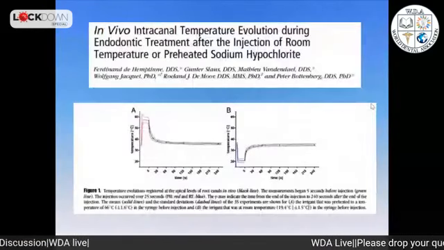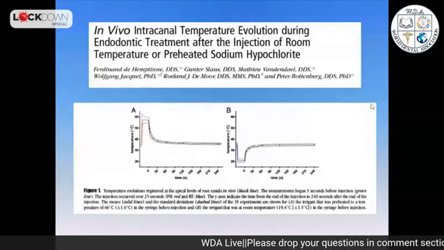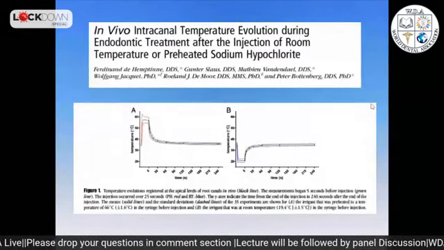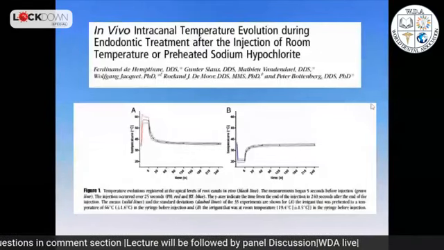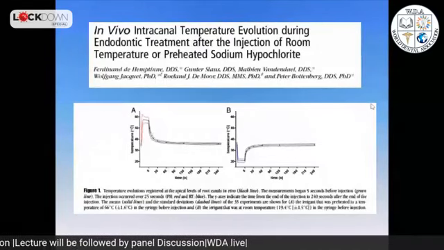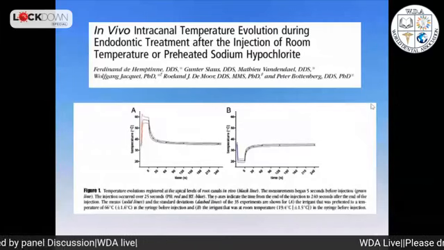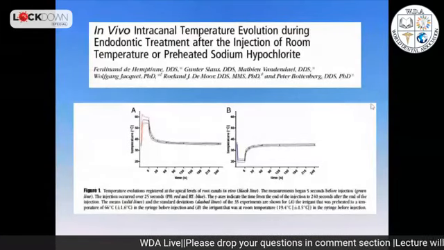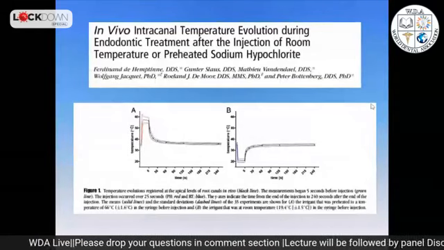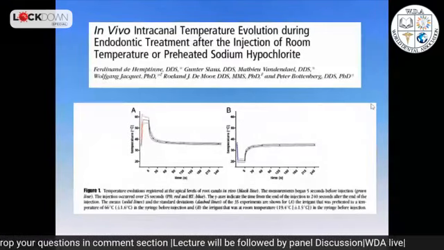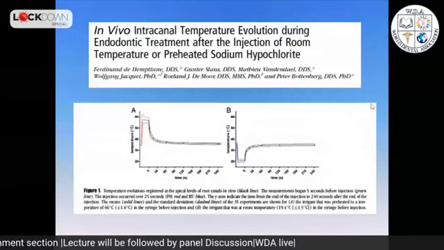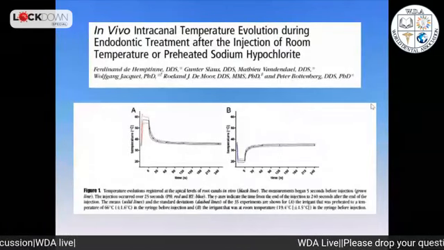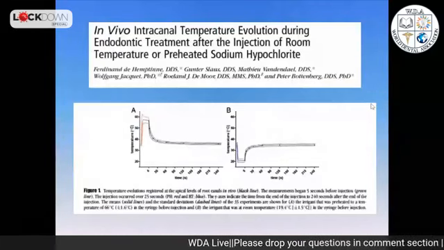We have other papers that tell us clearly that if you put a little bit of sodium hypochlorite inside someone else's root canal space, this chemical temperature will go down. So heating or cooling down sodium hypochlorite or any other irrigant before placing it inside the root canal space is not really a good strategy, because the temperature will just become the body temperature after a few seconds.